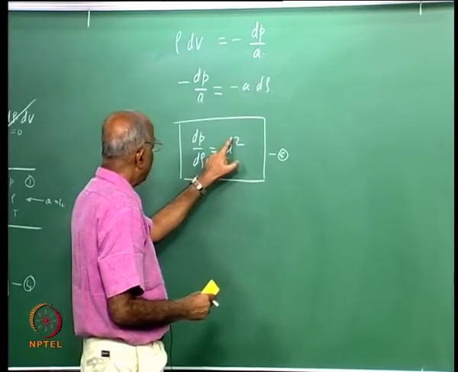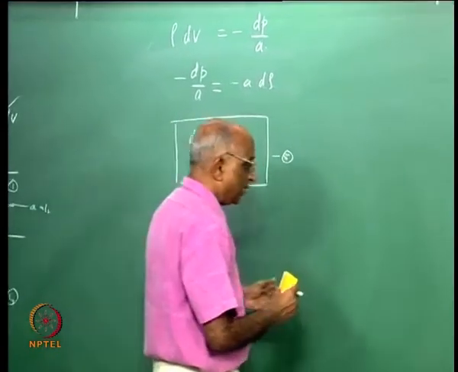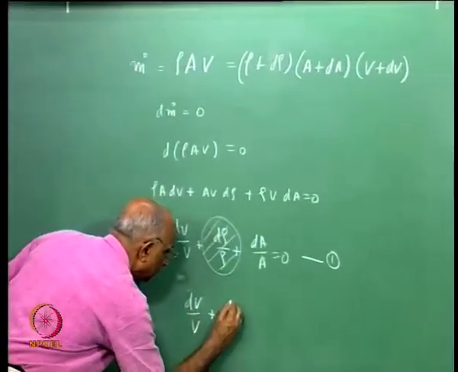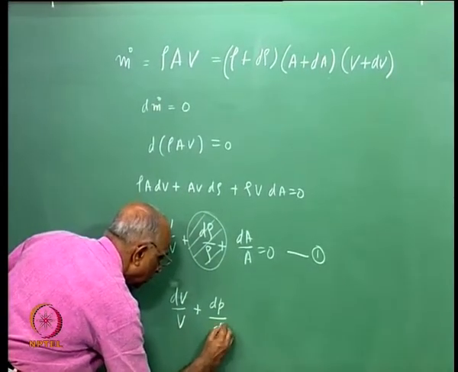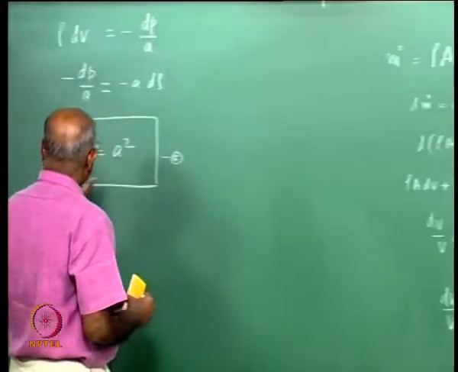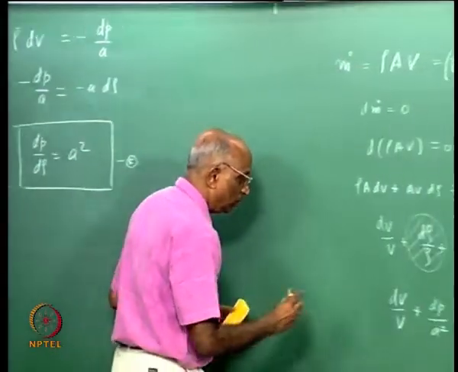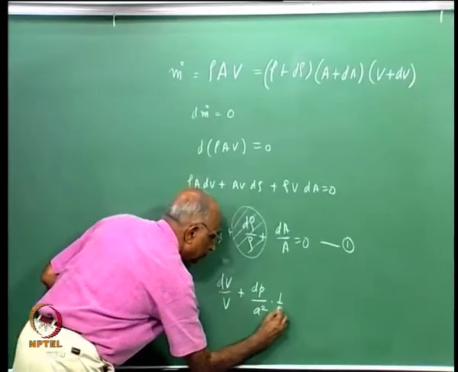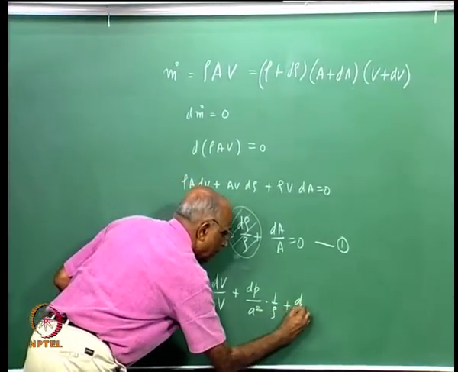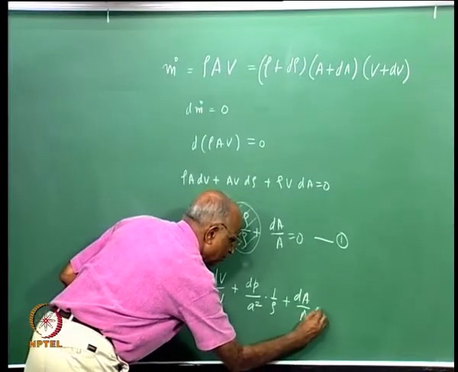Taking d rho as dP by A square, I have 1 over rho, plus dA by A is equal to 0.